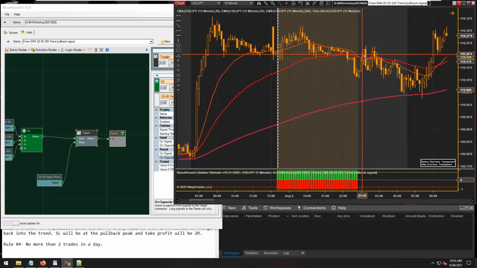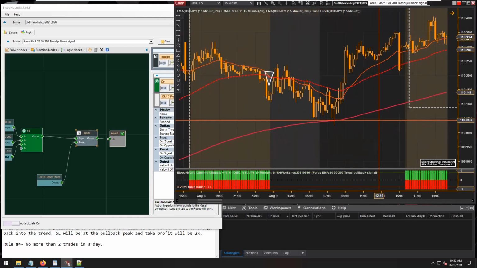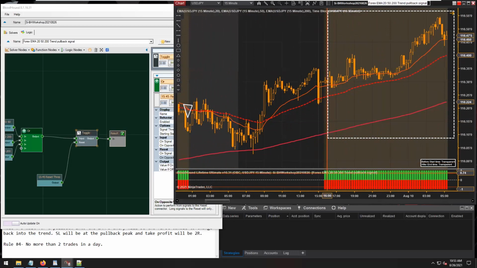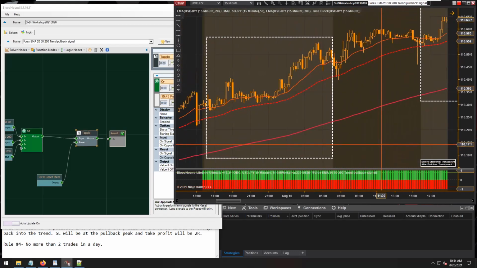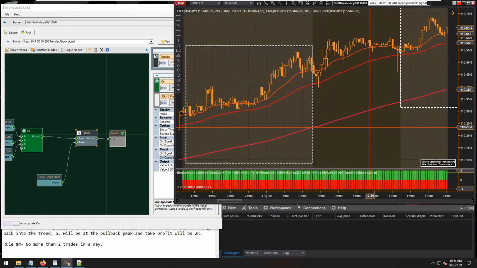And so once again, we had a crossover, turning the toggle node back off. Right, let's go back here. So we can see the toggle node is turned back on, and there's no crossover, so the toggle node is left on.